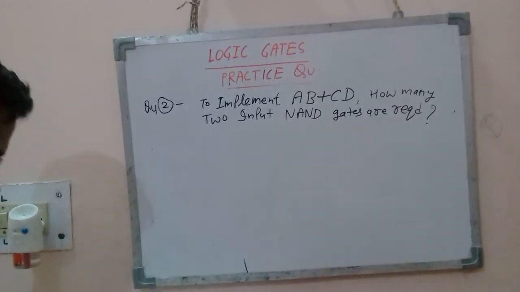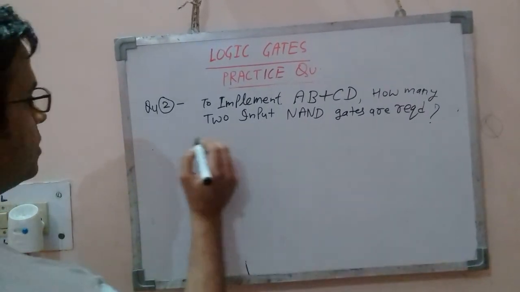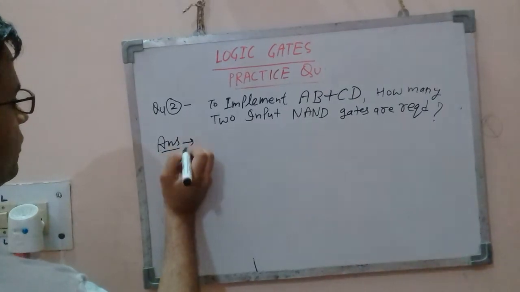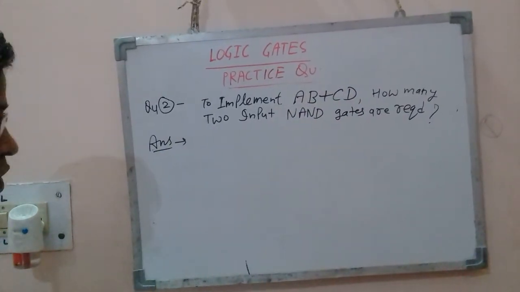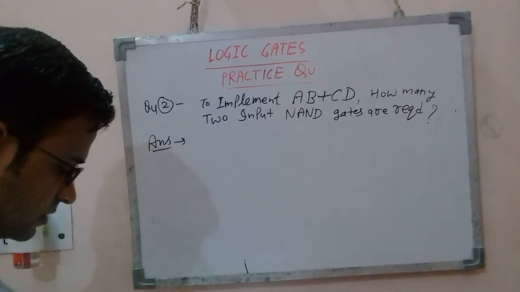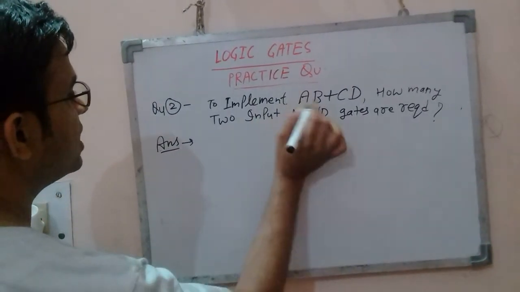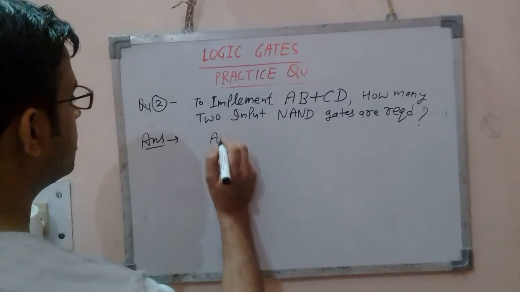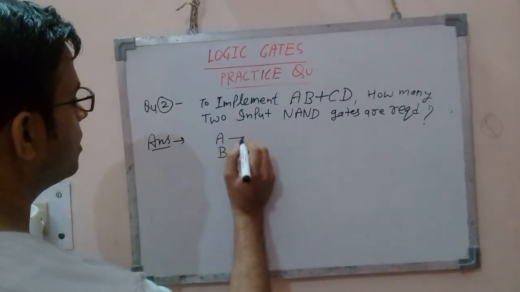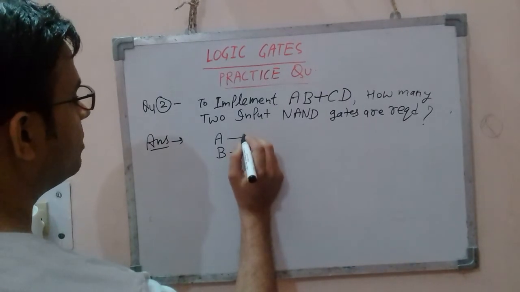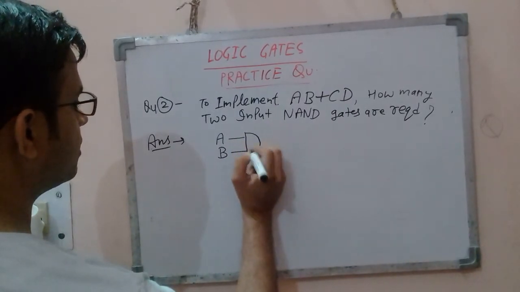So see here, first of all implement this AB plus CD by your normal gates like AND and OR. So for getting AB, pass A and B in an AND gate, right?